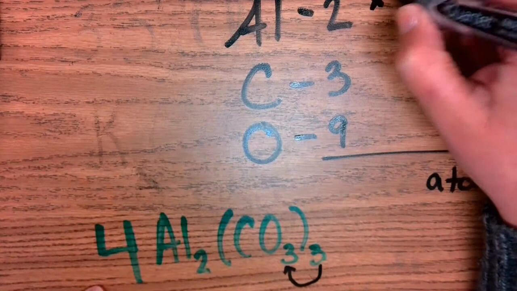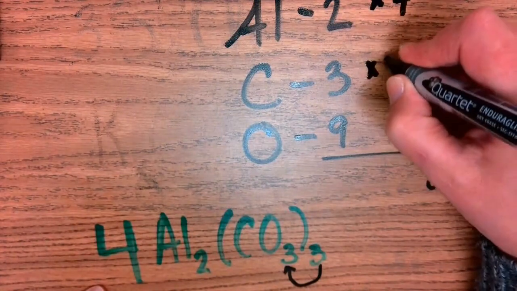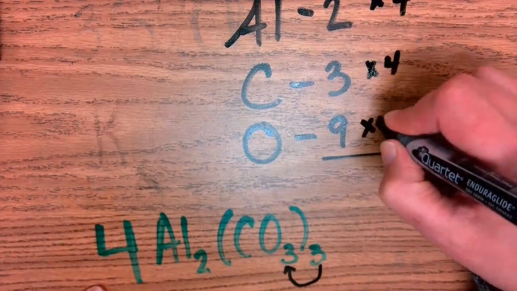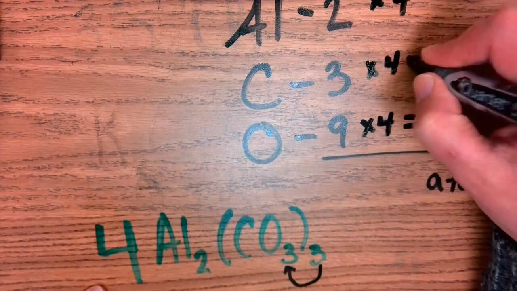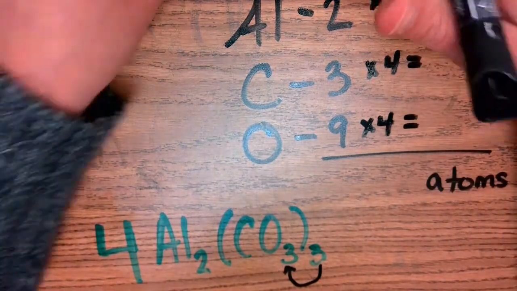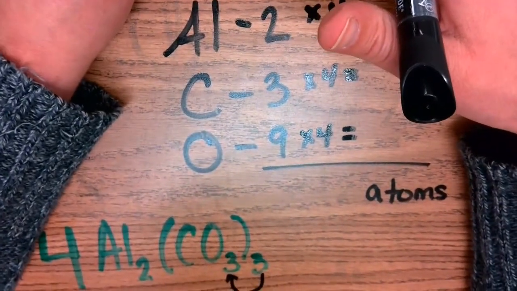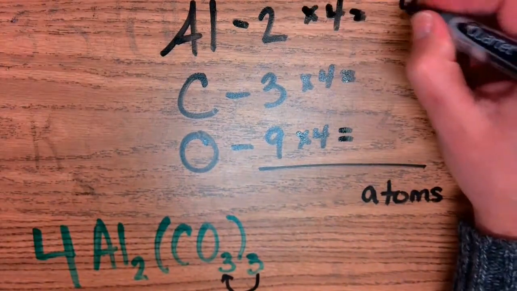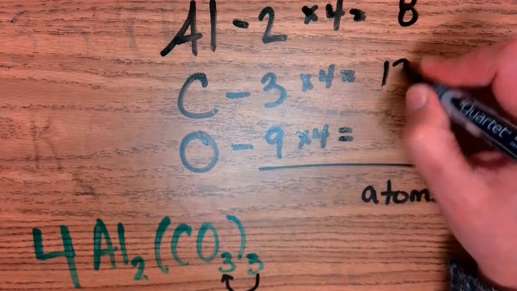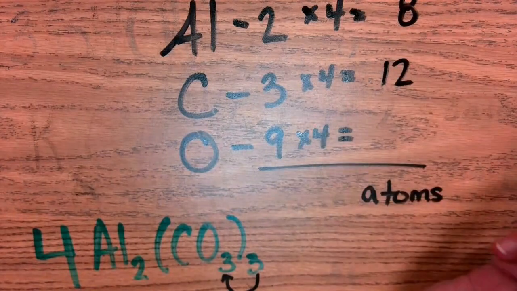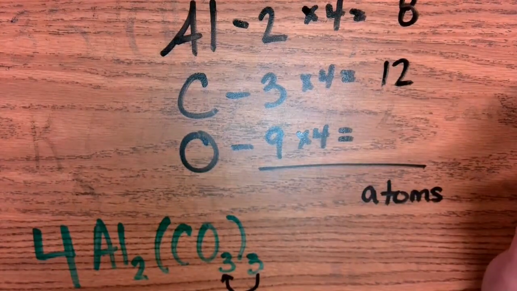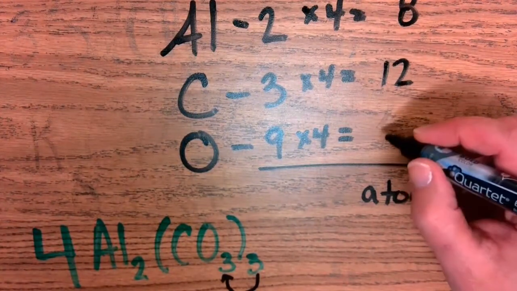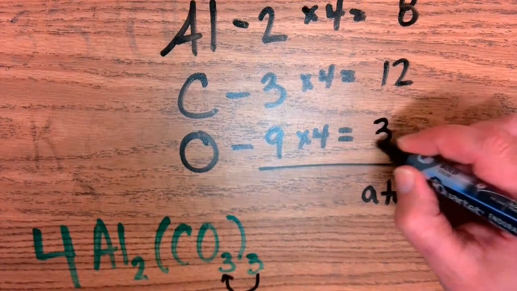So I'm then going to multiply each one of these numbers by 4 to figure out how many of each I have in 4 molecules of that compound. So 4 times 2 would be 8, 4 times 3 is 12, and 4 times 9 is 36.